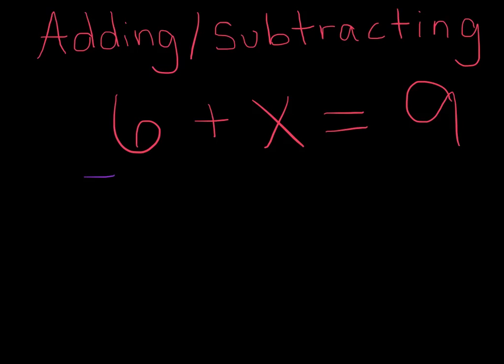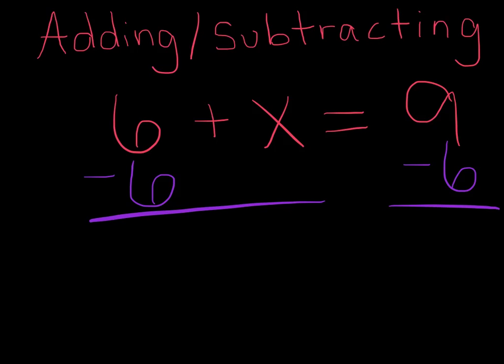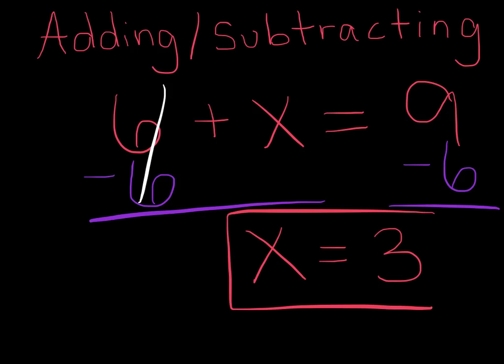So I would subtract 6 from both sides. A positive 6 minus 6 will give me 0. So I'm left with x equals 9 minus 6, which is 3. If I wanted to check this as well, I know that if x is 3, this means that 6 plus 3 is 9, and we know that that is correct.